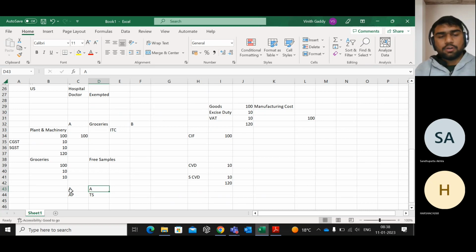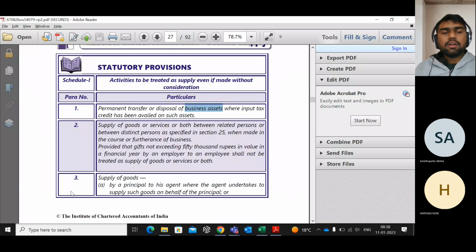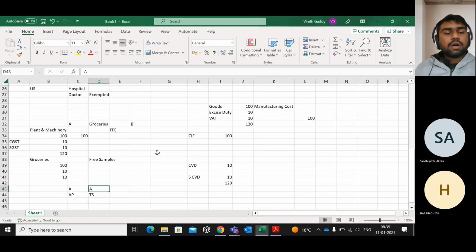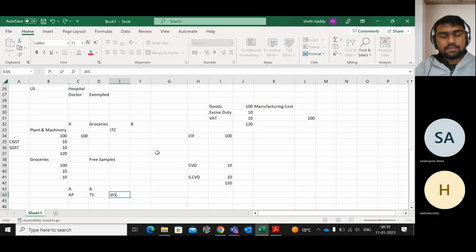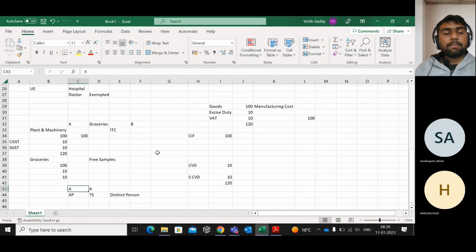Then the government says, no. What the government says is, if you have registration in one particular state and another registration in another particular state, then you both are treated as distinct persons under GST, even though you both are the same.